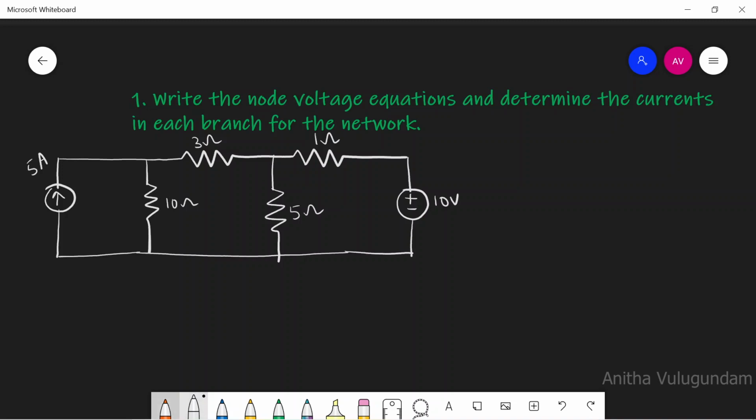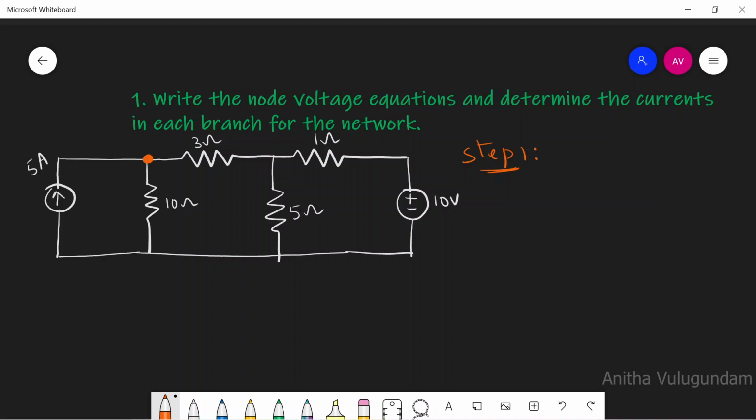Step 1 is to identify the total number of nodes. Node is the common point where two or more elements are connected. Let us identify the node points. This is one node point where three elements are connected.